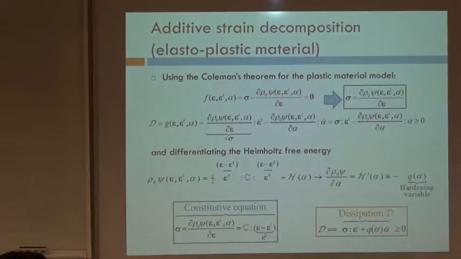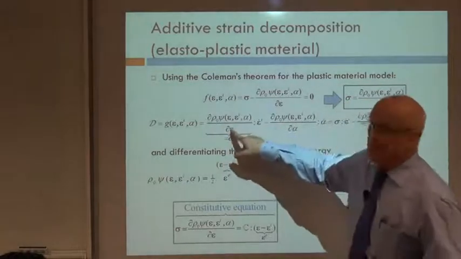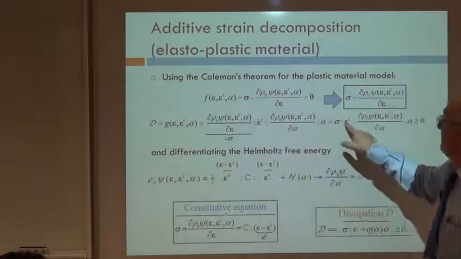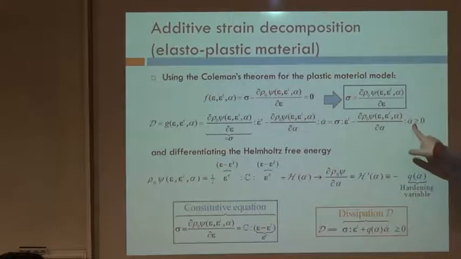Okay? But look, again, the derivative of that with respect to epsilon, we have just proved that it's sigma. So that term is sigma times epsilon dot I, plus this term times alpha dot. Okay? So we obtain a general expression for the dissipation in this family of models based on the composition of the strains into an elastic and inelastic part.